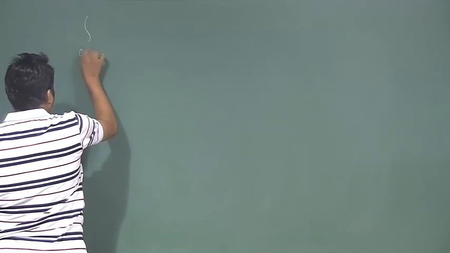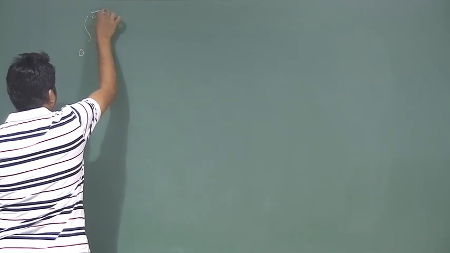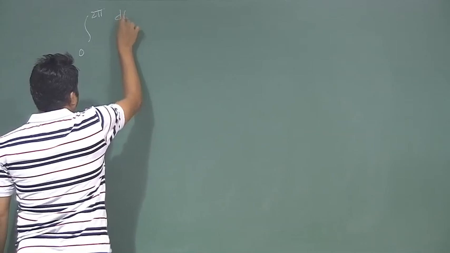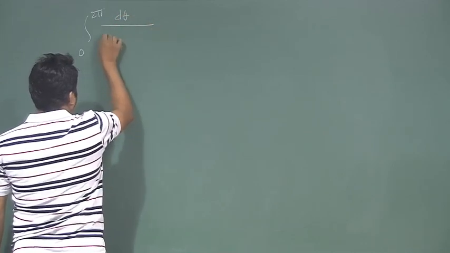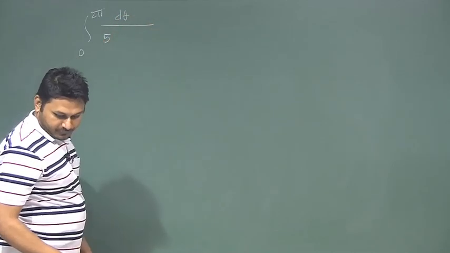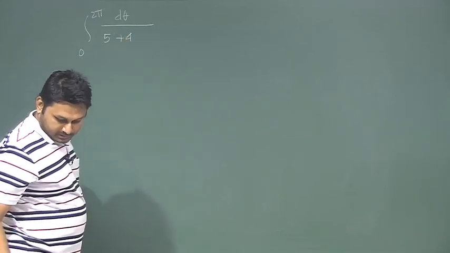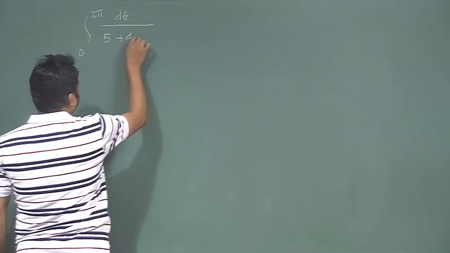The problem that is in our hand right now is something like this: integral from 0 to 2 pi of d theta divided by 5 plus 4 sin theta.